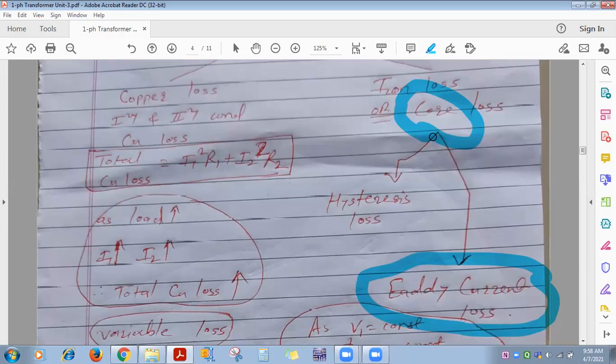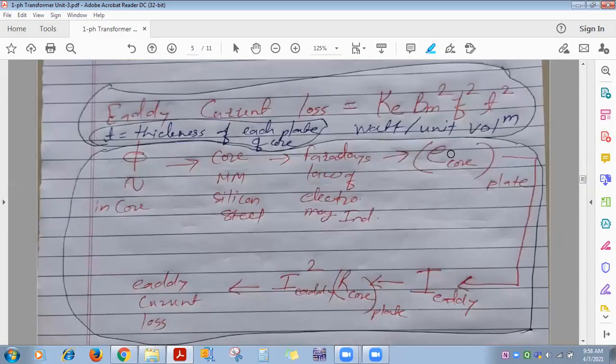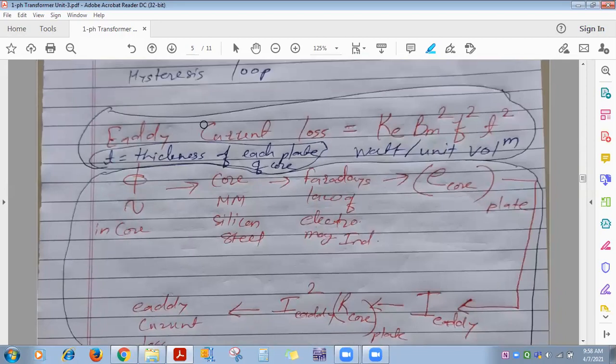Okay. Now what happens because of it? See, about eddy current loss, this is the formula for eddy current loss. Ke, that is the eddy current constant. Then maximum flux density, same flux per unit area, it's squared over here. Supply frequency, it's squared. And T here, it's not time. It's the thickness of each plate.